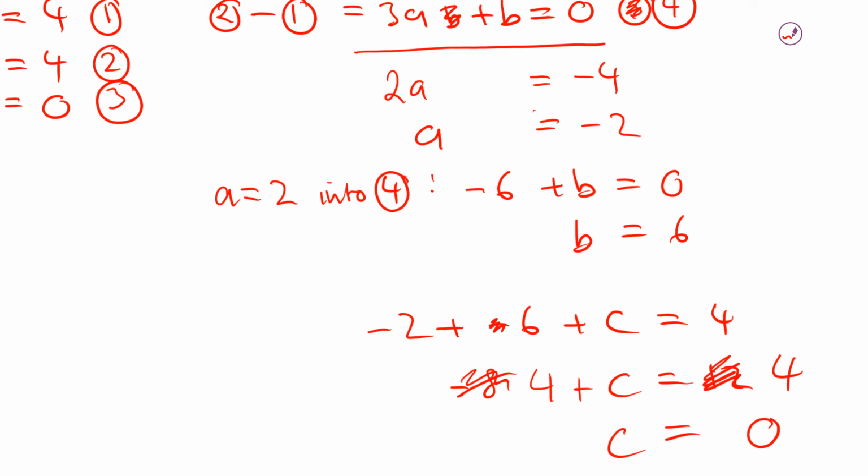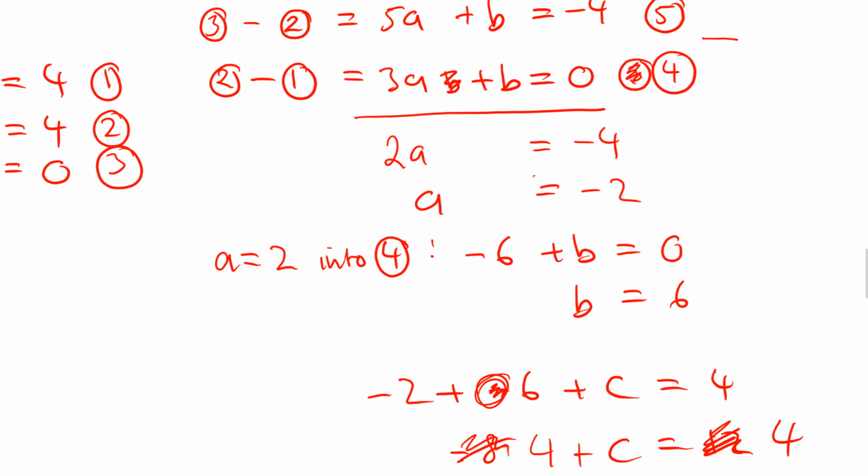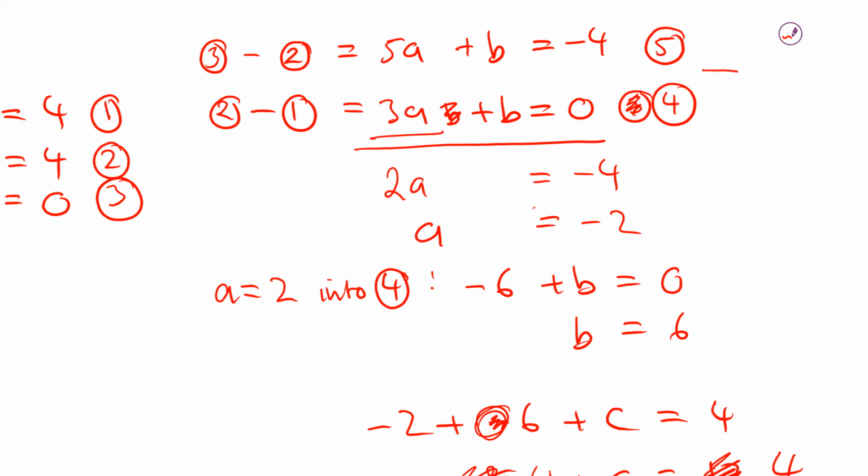You forgot to write minus there. No, I wrote minus there by accident. No, I mean here, where it says a equals 2 into 4. You forgot to write minus. A equals minus 2, and equation 4 was 3 times a. I should have said 3 times minus 2.